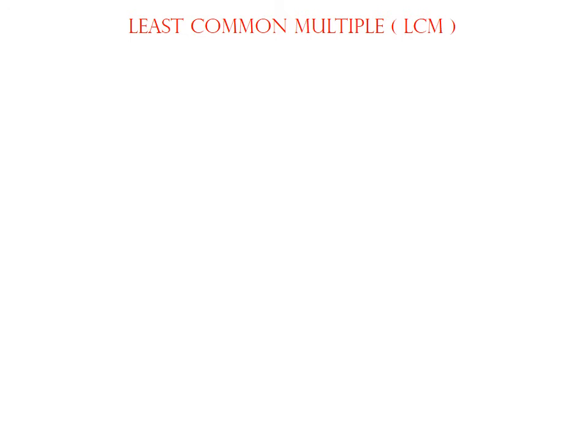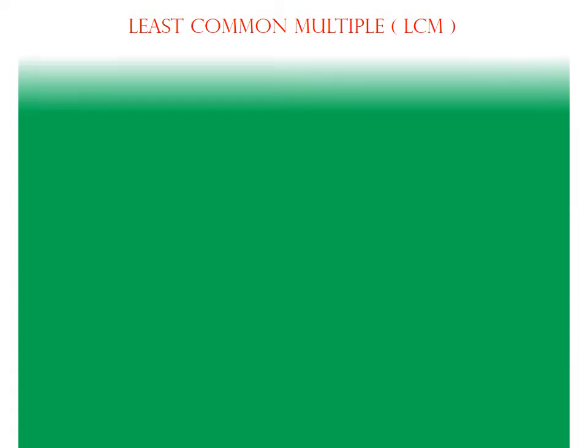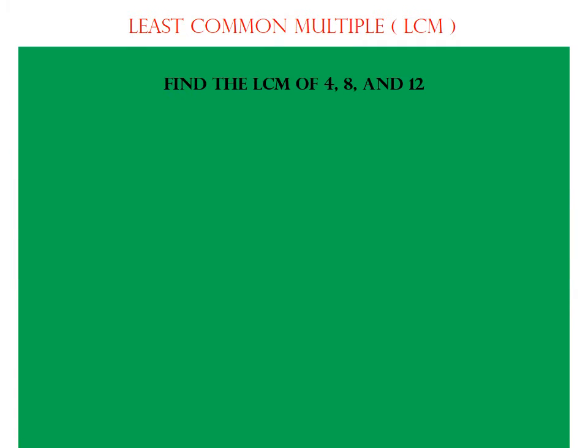Let us work out another problem on least common multiple. Find the LCM of 4, 8 and 12. So here we are going to find the LCM of three numbers.